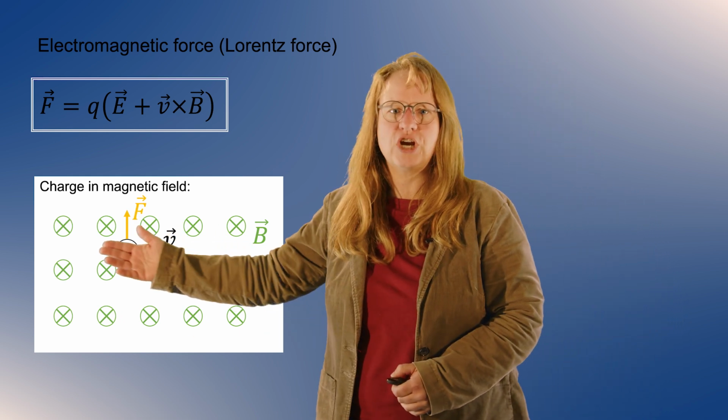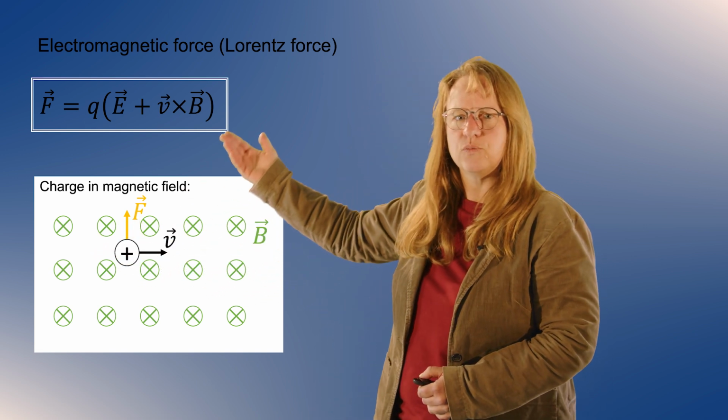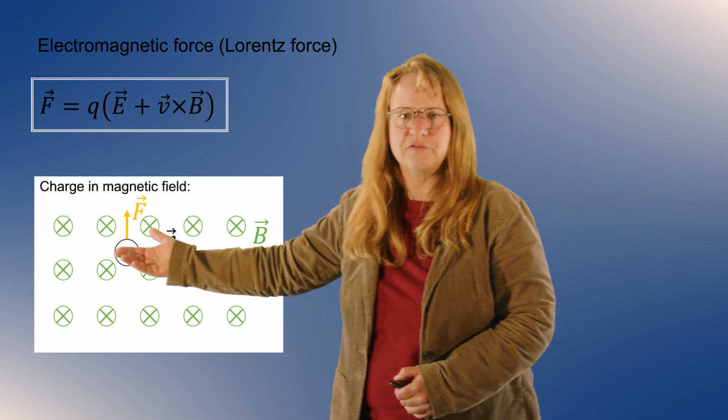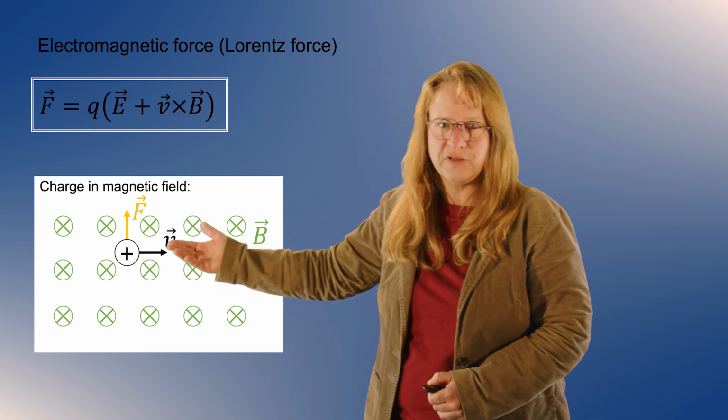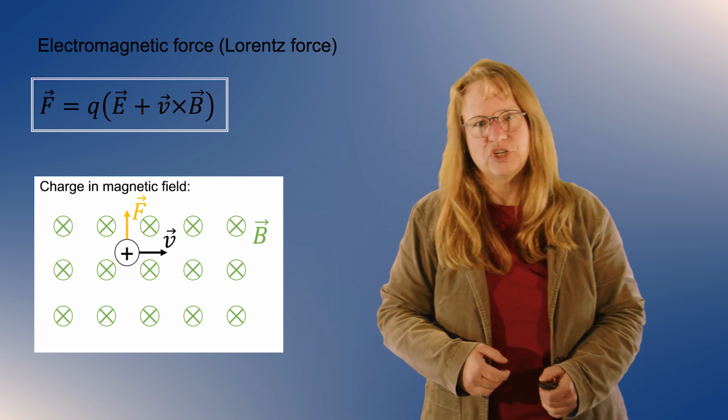So if this charge is moving in this direction and it has an upward force, it will be moving upwards. It will not move along a straight line, but if a charge is moving in the magnetic field, it will be deflected upwards as shown here for the positive charge.